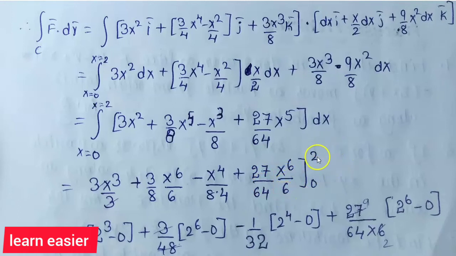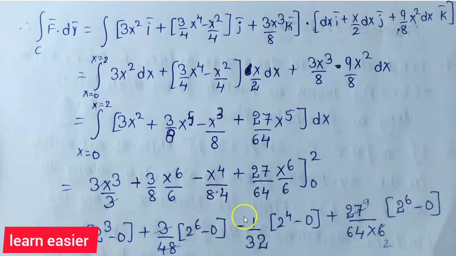Now we substitute the upper and lower limits. Let's substitute the upper limit. So here we have x cube, so first we substitute the upper limit, which is 2 cube, minus the lower limit 0, so 0 cube is 0, so 2 cube minus 0, and here the 3 and 3 cancel out. Here we have 3 by 8 6s are 48, so that's why we have 3 by 48 and 2 power 6 here, after substituting upper limit minus 0.